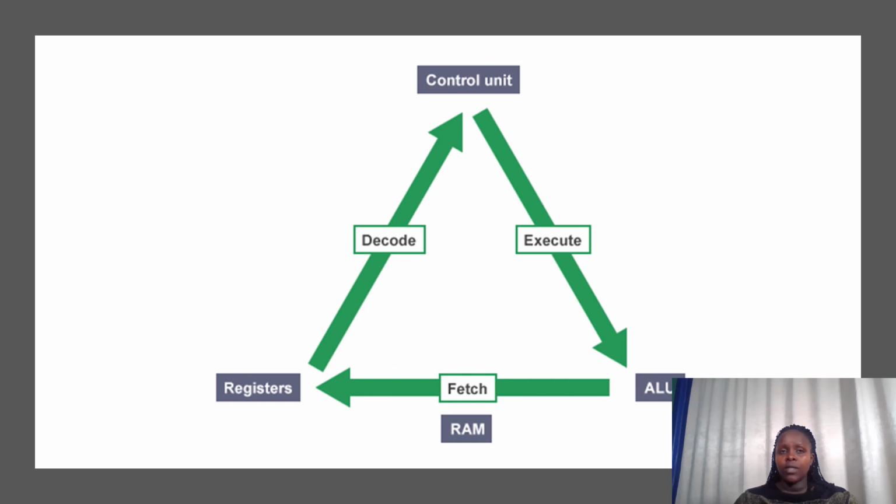Then, if the data or the operand and the instruction to operate on it are needed for a logic or arithmetic operation, they will be brought to the arithmetic logic unit. This is the boss of execution. And then later, the control unit also decodes the instruction to know the purpose of the instruction brought.